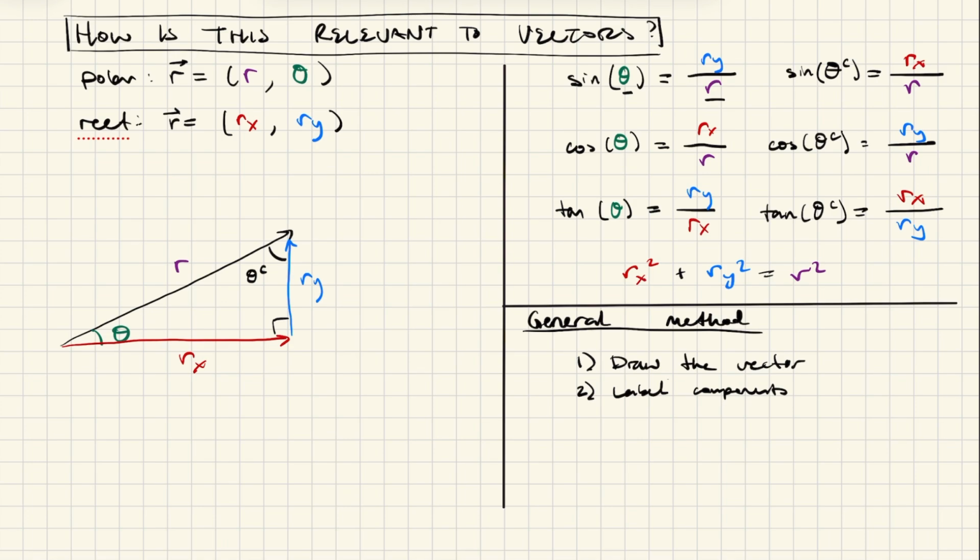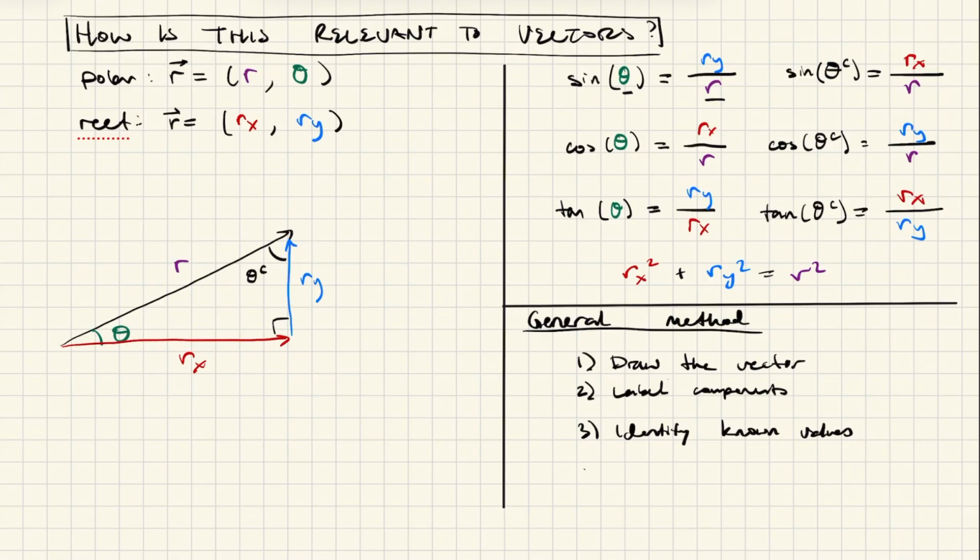Then the next thing you want to do here is identify all the known values. What I mean is, if I give you the rectangular representation, then you can just label the x and y components with the specific numbers I gave you. And then the last thing we need to do is identify the equations that relate the known variables to the unknown variables.